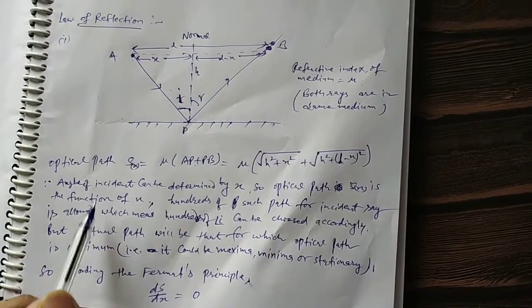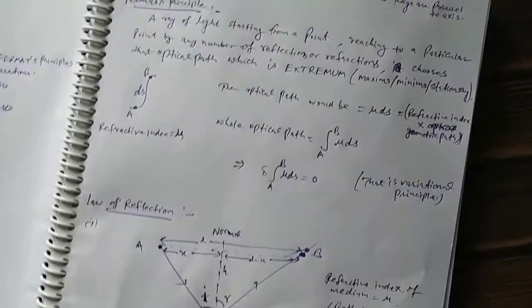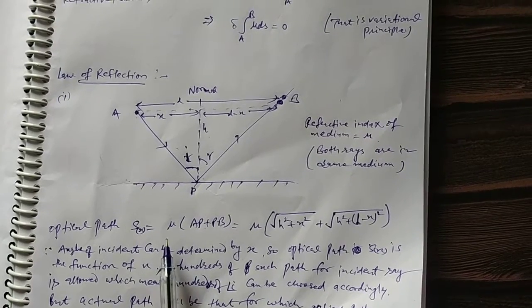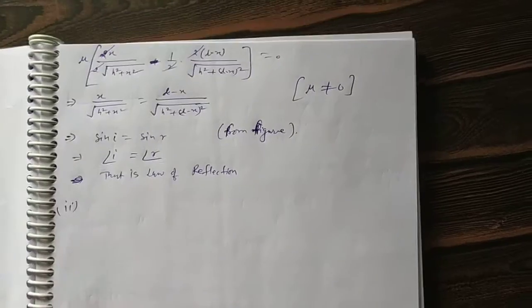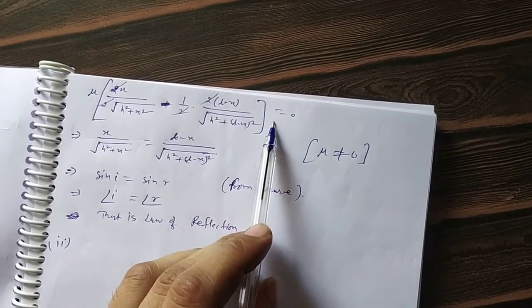In this case the first derivative of this optical path should be equal to 0. So we differentiate it with respect to x.